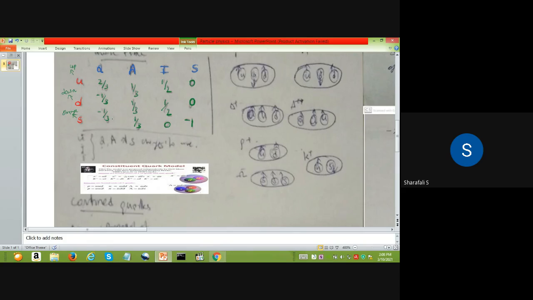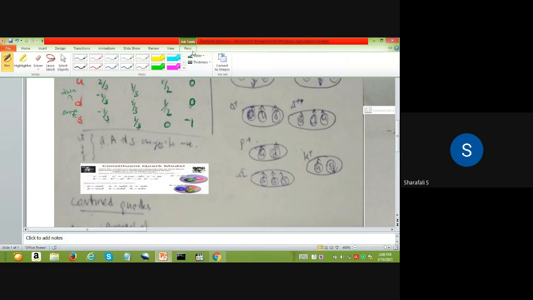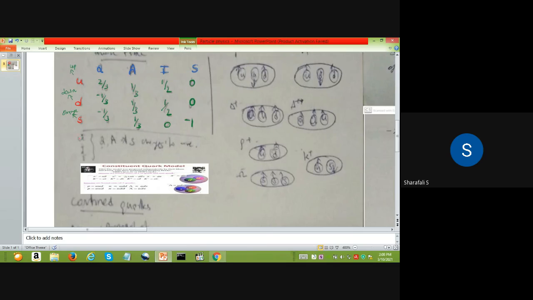Now, if you consider their antiparticles, then you have U bar, D bar, and S bar, and these form the antiquarks.